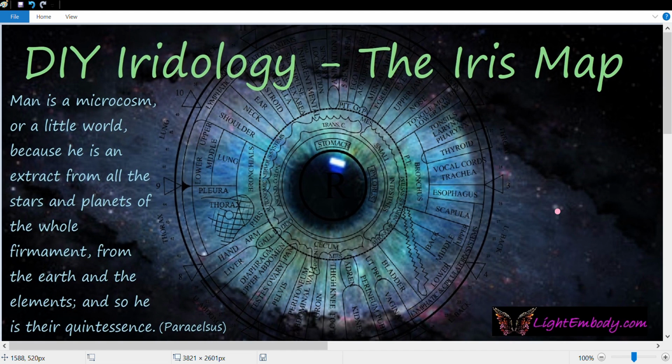Alright, so the iris map. It looks a little bit complicated, intimidating. It can be a bit overwhelming when you're first looking at any kind of iridology chart. One thing I would like you to keep in mind, however, is that the iris is actually mapped according to the nervous system.